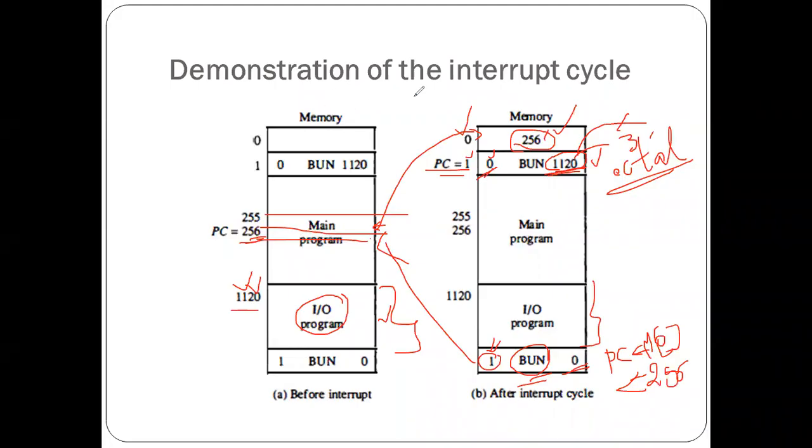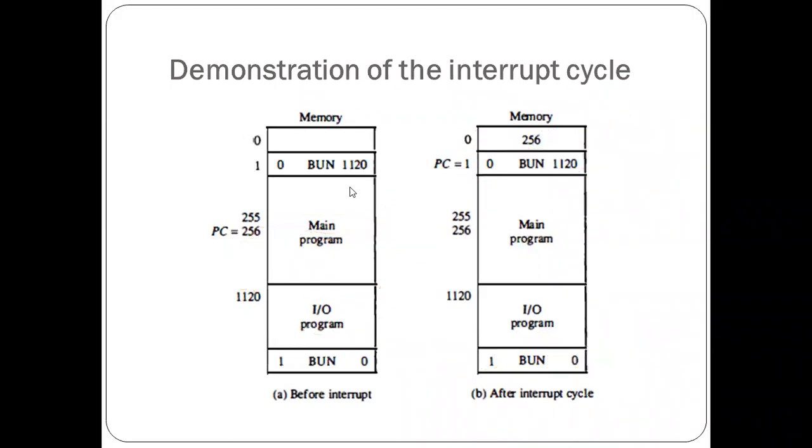So these are the initial memory locations. You have your IO program at this location, and your main program is like this. This is before the interrupt. After generating the interrupt, your 0th location is loaded with the return address, and your PC is updated to 1.